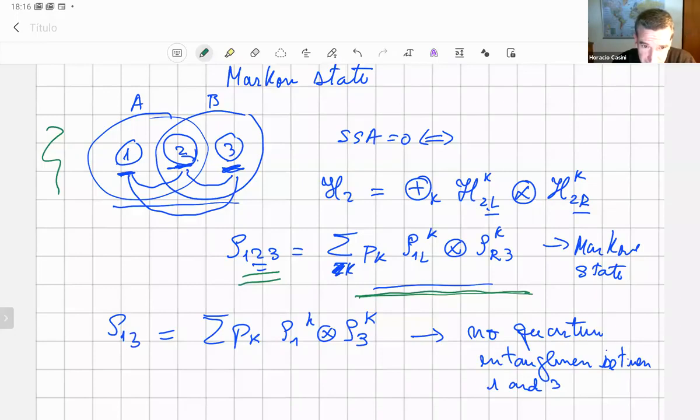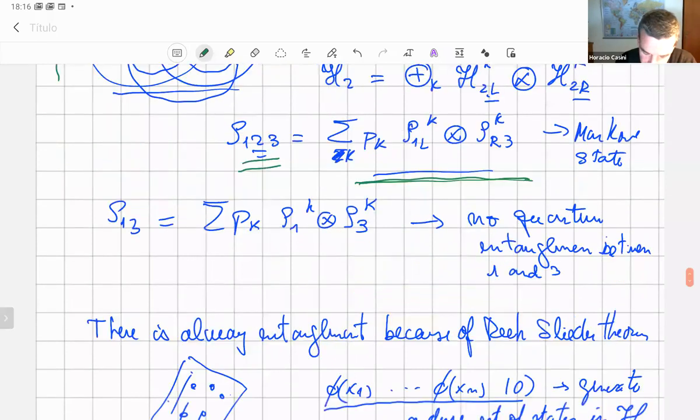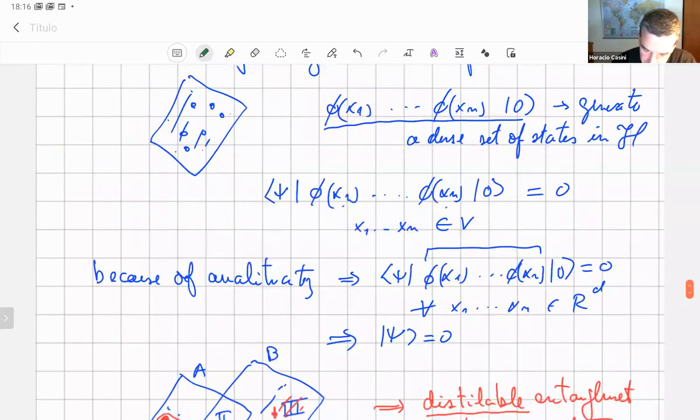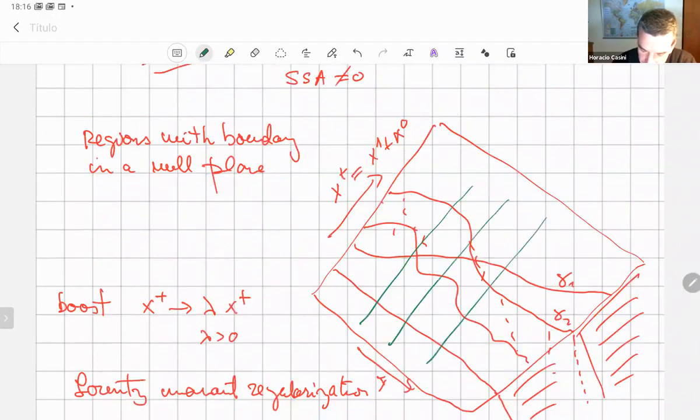And this tells you that if you have different lines on a null plane, they are unentangled to each other. This is precisely what happens for a free theory. In a free theory, you can describe a vacuum state reduced somehow to the null surface itself, and you have a tensor product of states for different lines.